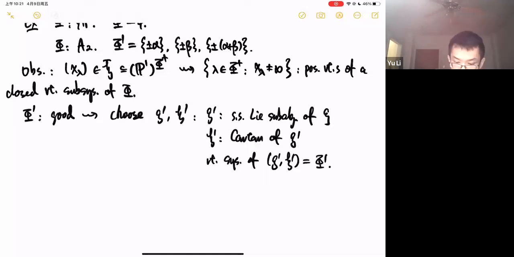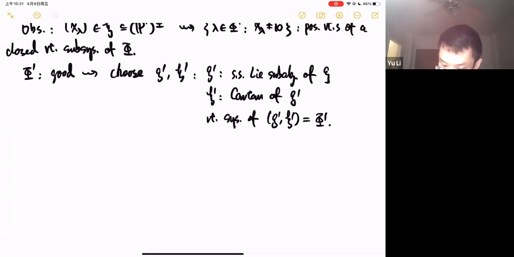Okay, and from here, I have H prime bar, the wonderful compactification of this Cartan by our theorem 1.